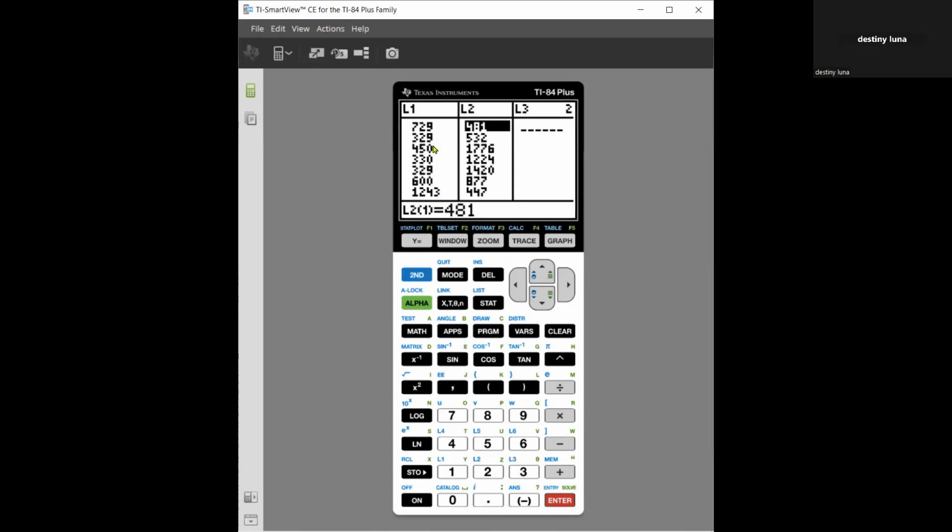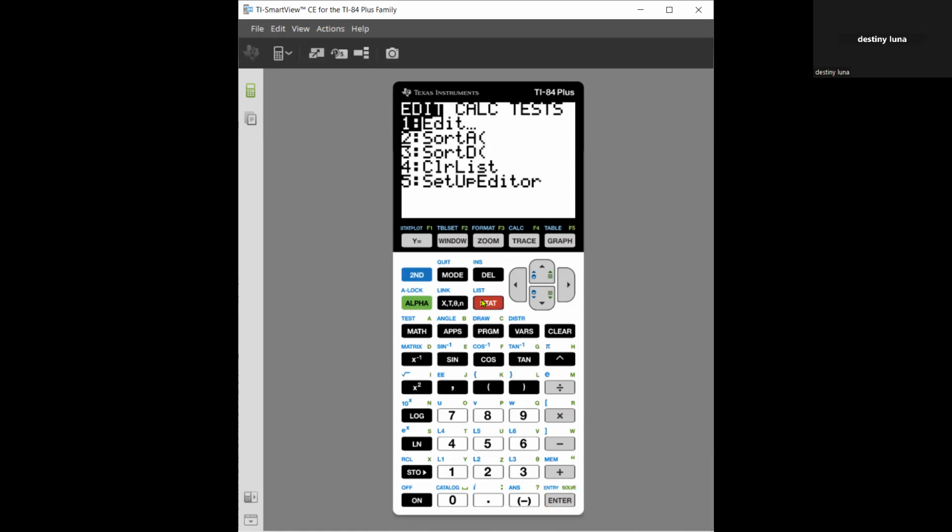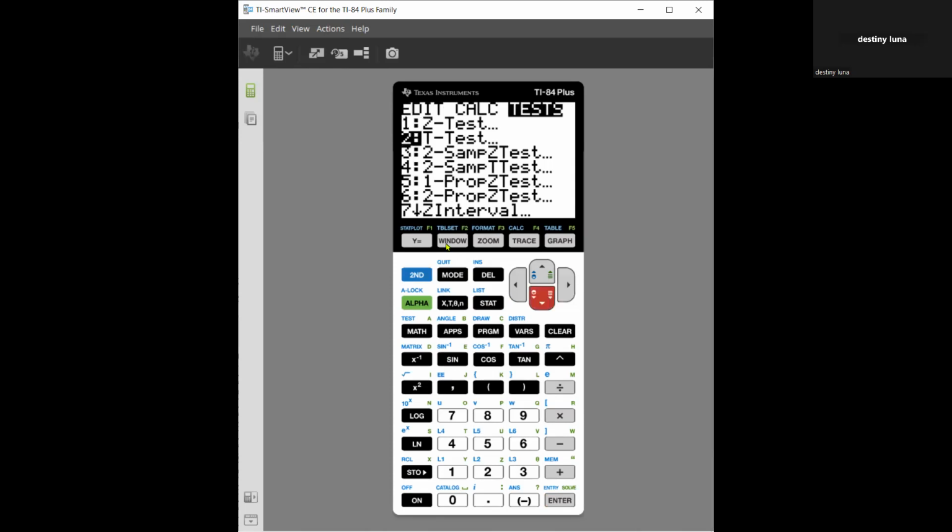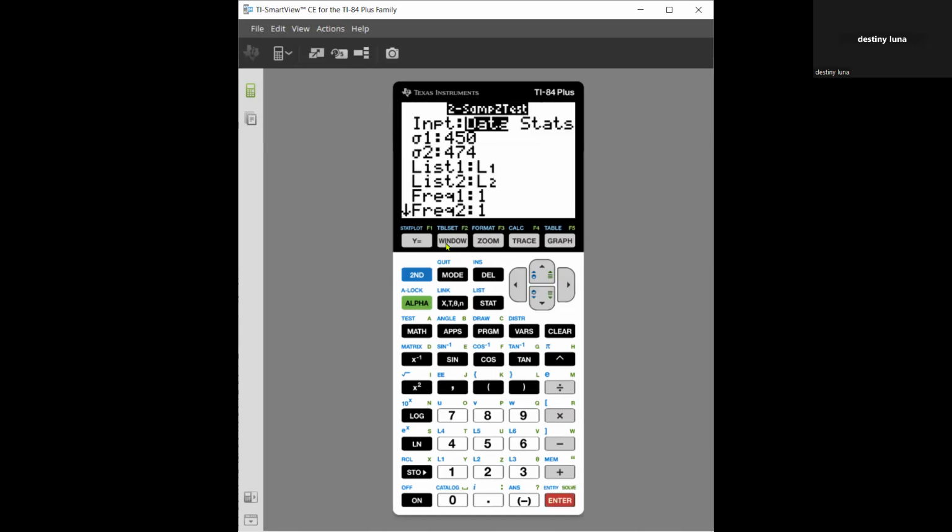So once you put your data in there, granted, there's a lot of data in there, okay? Once you put your data in there, you're going to go to stats. You're going to go to tests, and you're going to look for something that says two sample z-test right here. Third one on my menu. And when you put this in, this is why you specify data or stats.